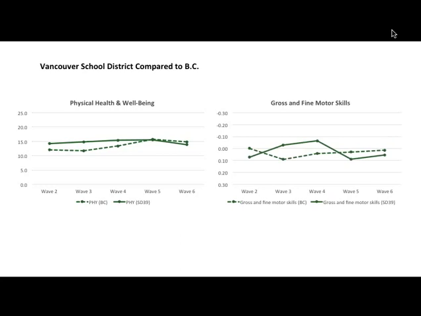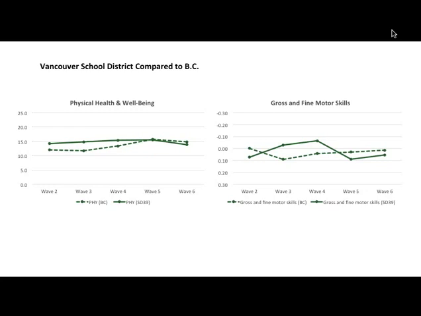And if you look at the last one, which is on gross and fine motor skills, these numbers jump around a little bit, but just to focus in on the right-hand side here, the province, which is the dotted line, starts off at 0, actually gets better, becomes more positive in wave 3, and then has been kind of working its way back for the province. If you recall, that's different than the overall pattern for physical health and well-being, which has been towards getting worse over time.